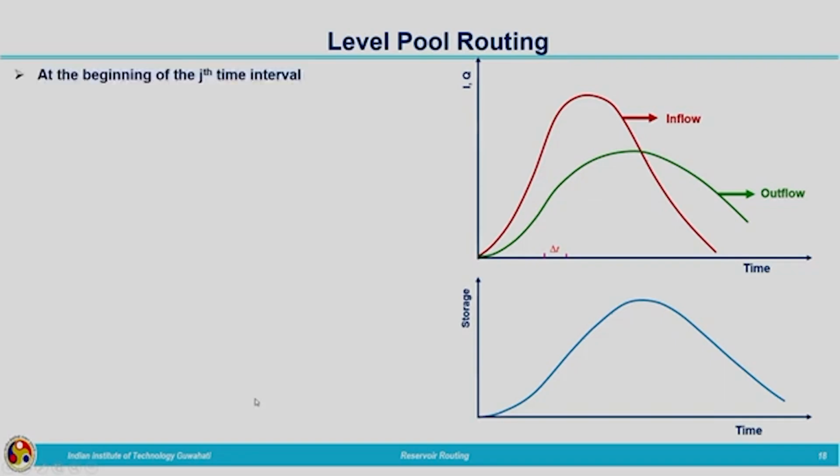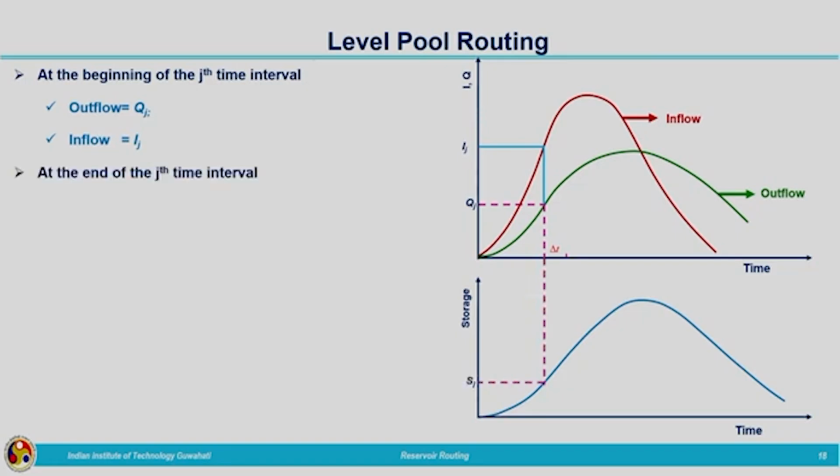At the beginning of the jth time interval, outflow is qj, inflow is ij. So, that is marked over here, the outflow qj and inflow ij. Now, the corresponding storage is marked by Sj, and at the end of the jth time interval or at the beginning of the j plus 1th time interval, we can write outflow is equal to qj plus 1 and inflow is equal to ij plus 1.